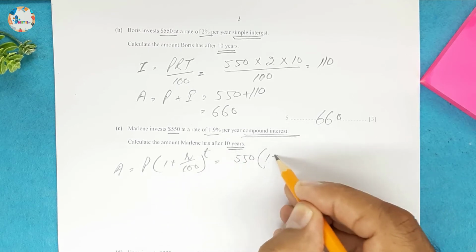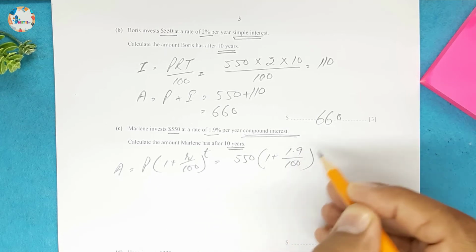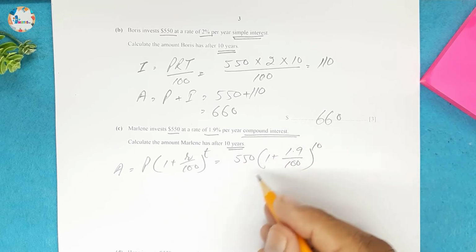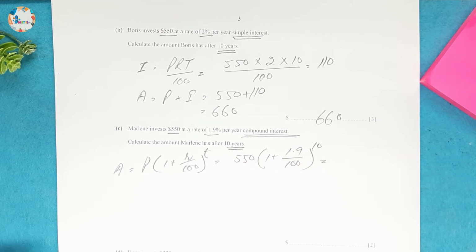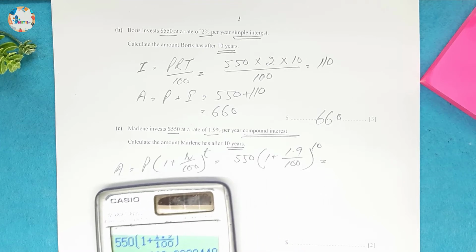So 550 into 1 plus 1.9 over 100, raised to the power 10, and this is equal to 663.90.